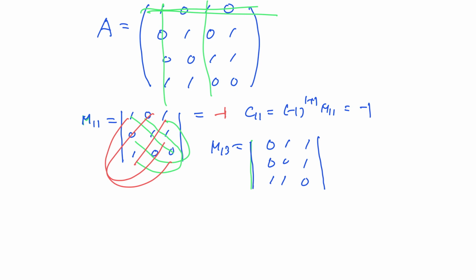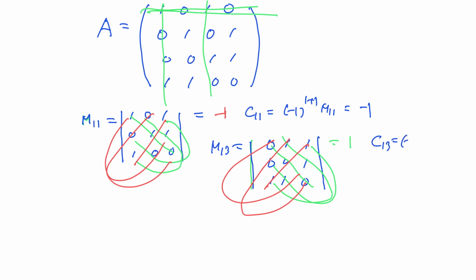So let's see. This is 0, right? This is 1. This is 0. This is 0. This is 0. This is 0. So M13 is 1. So C13 is -1 to the 1 plus 3, M13 is 1, right?